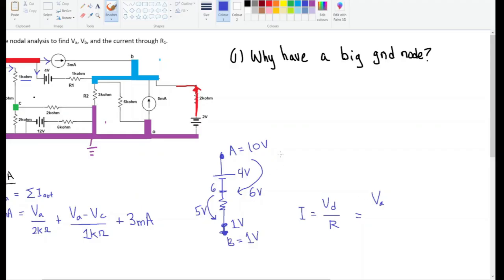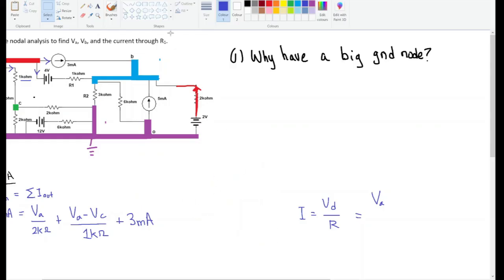So to figure out how much of a voltage drop there is across the resistor, let's clean this up a little bit. You start off with your starting voltage, VA, and this is your ending voltage.